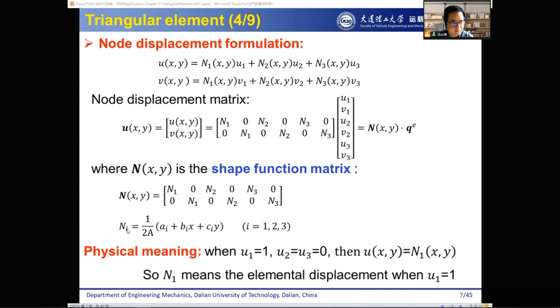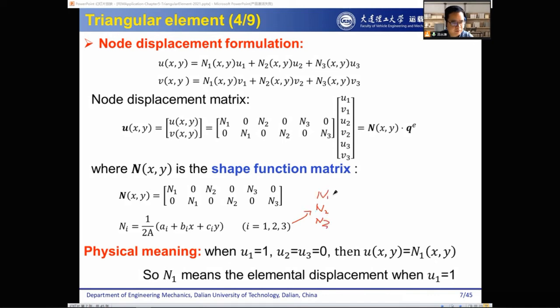From here we know, because here i can be 1, can be 2, or can be 3, so N1, N2 or N3.